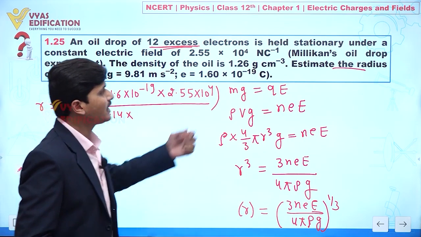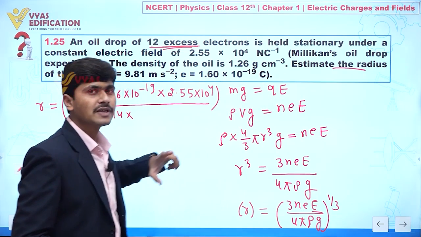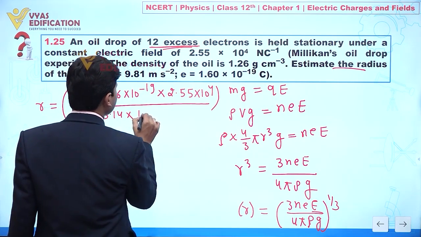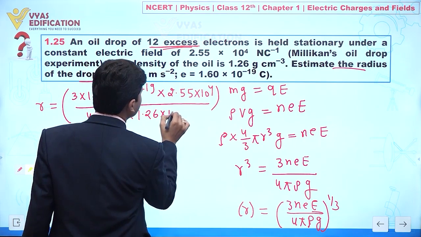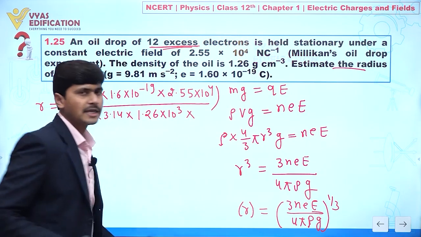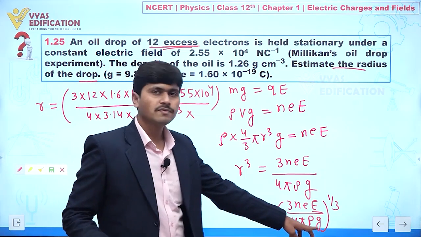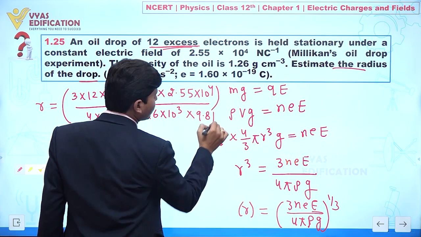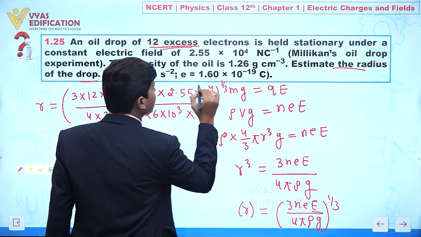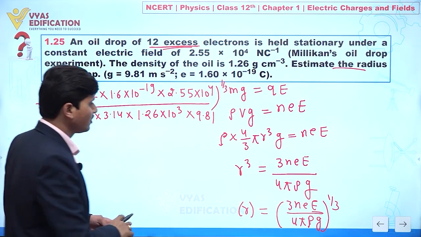Density is given in gram per centimeter cube, so first we convert it into kilogram per meter cube. So we write 1.26 into 10 to the power 3 kilogram per meter cube. And last we have the value of g, which is 9.81, and the power is 1 by 3.